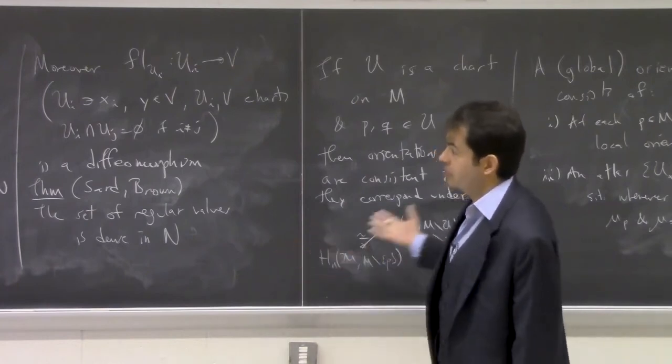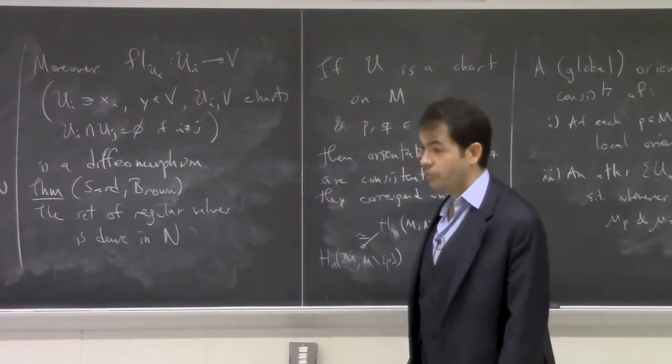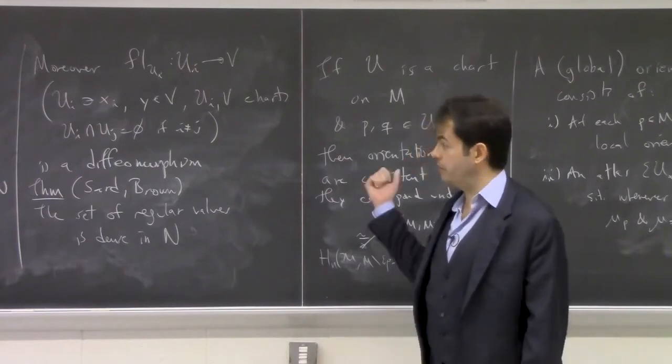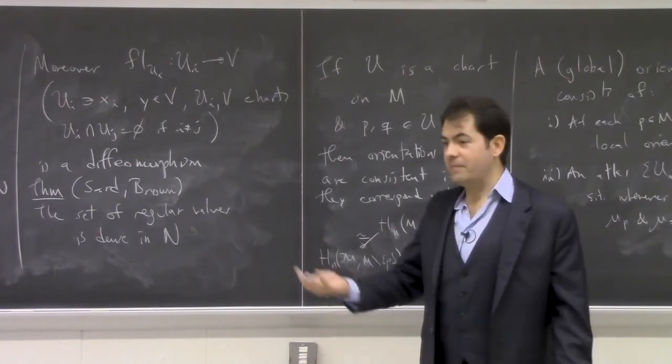That's why this is a perfectly good procedure for making this work. In practice, you don't pick a point at random. You pick a point, and if the map doesn't work, then you homotope it a little bit, and then it works.